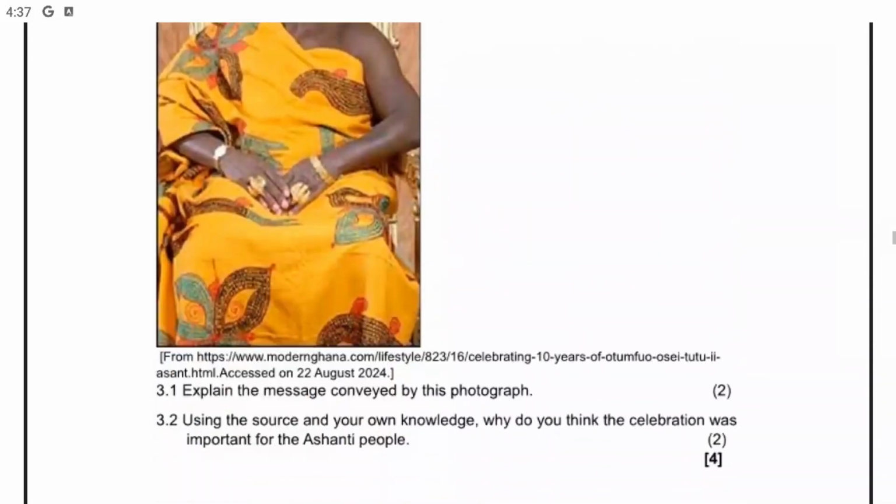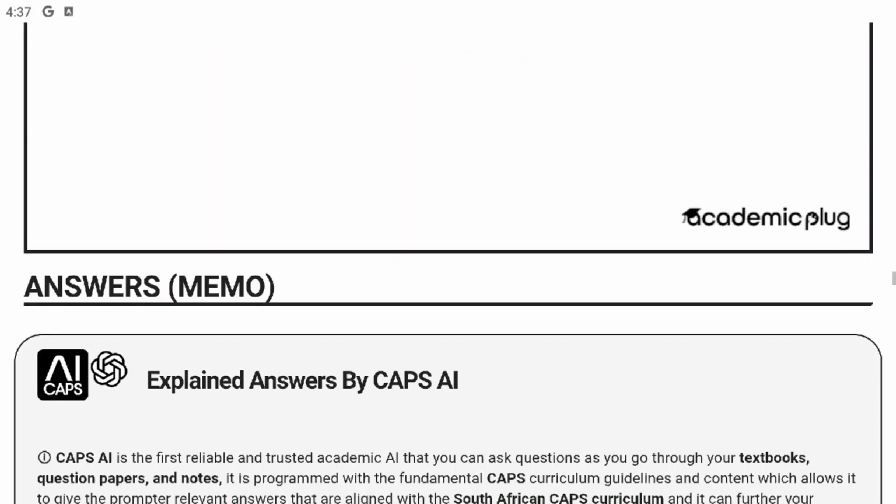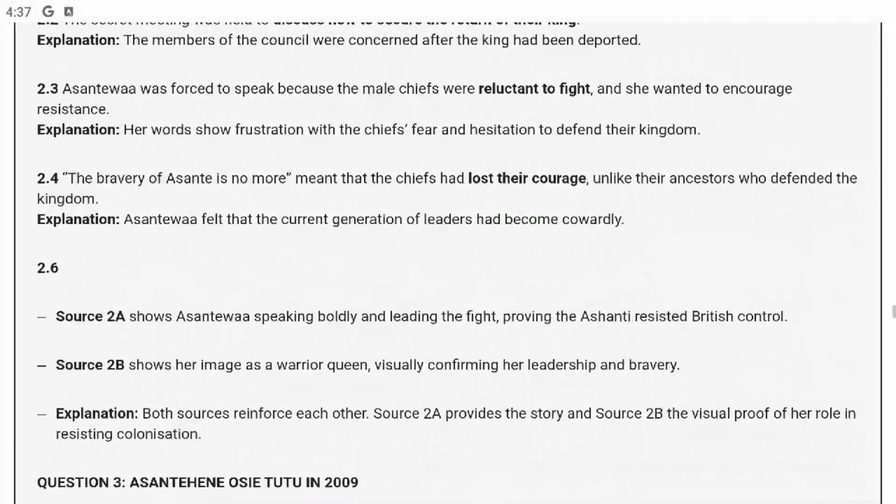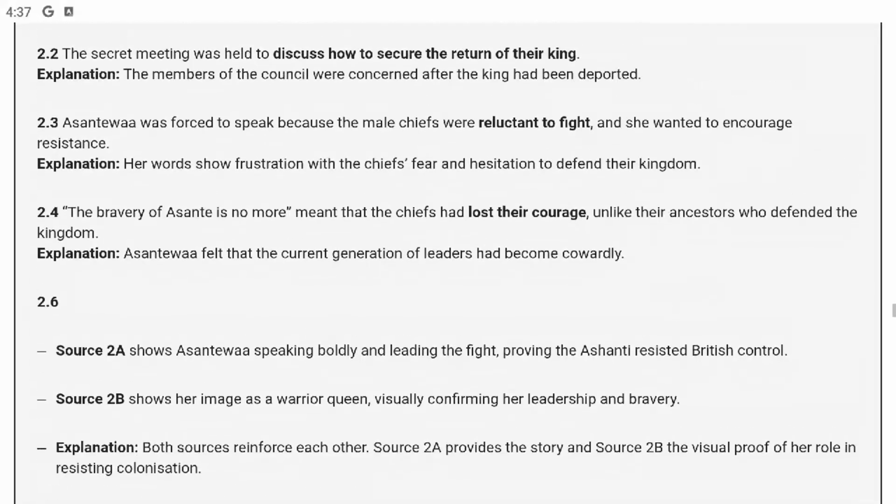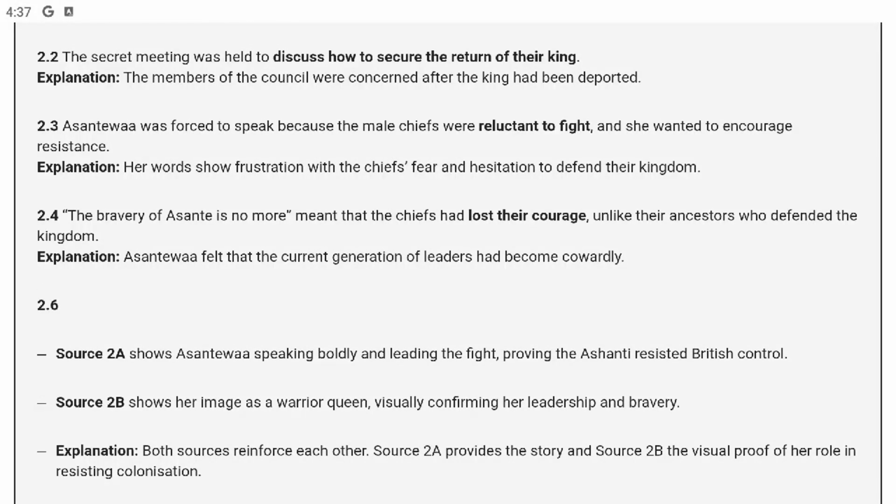So let's see what the answers are. Source 2A shows Asantewaa speaking boldly and leading the fight, proving the Ashanti resisted British control.